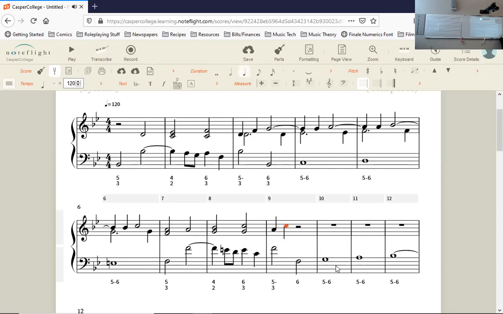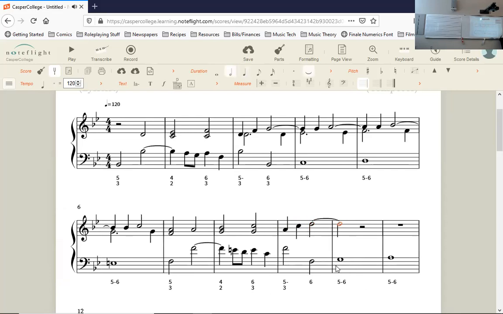So the upper voice: do, re, mi, fa. Tie. La, ti, which makes it natural.